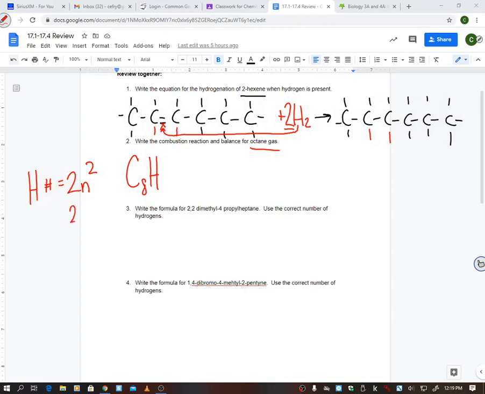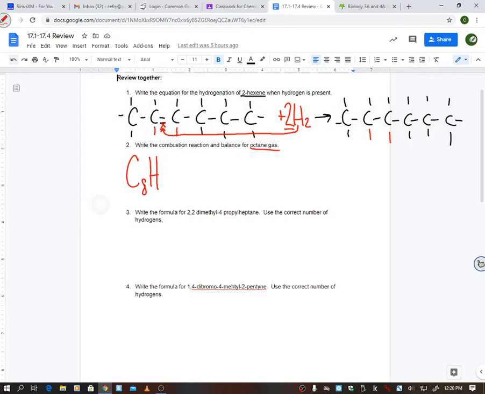So I'm going to do 2 times 8 squared. Hmm, that's not right. What is 8 squared? Let me see, something's not adding up right here.